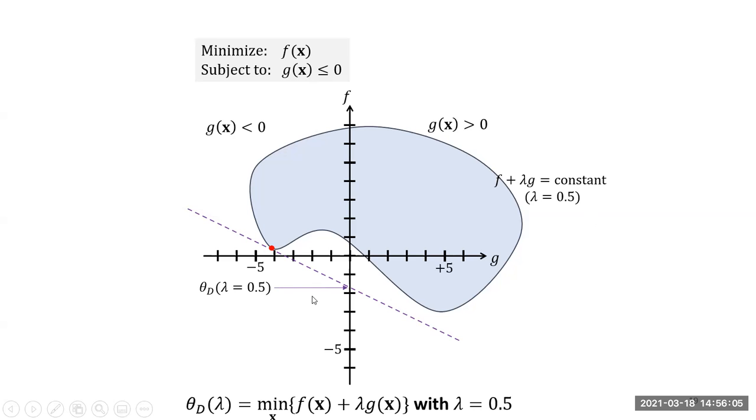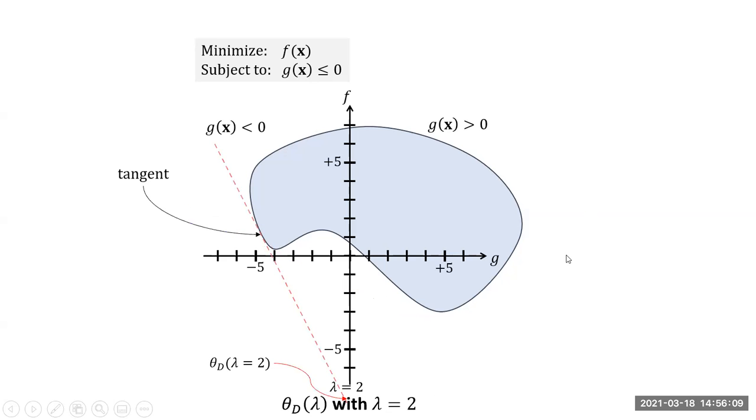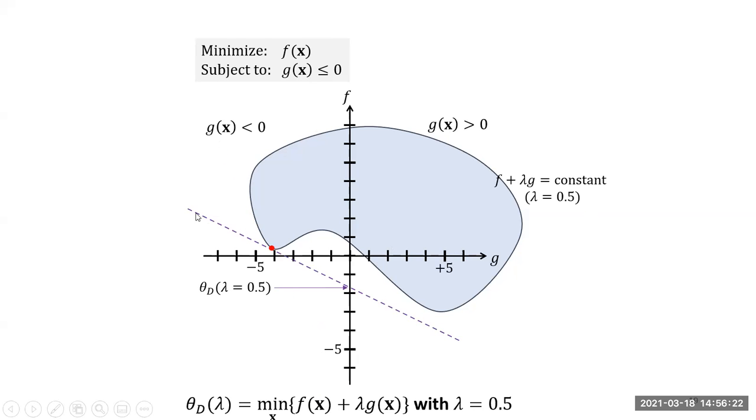So this is for lambda equals 0.5, we got this. For lambda equals 2, this is the minimum. What did we do here? In fact, we took the tangent with slope negative 0.5. This straight line is tangent to this blue region, right?